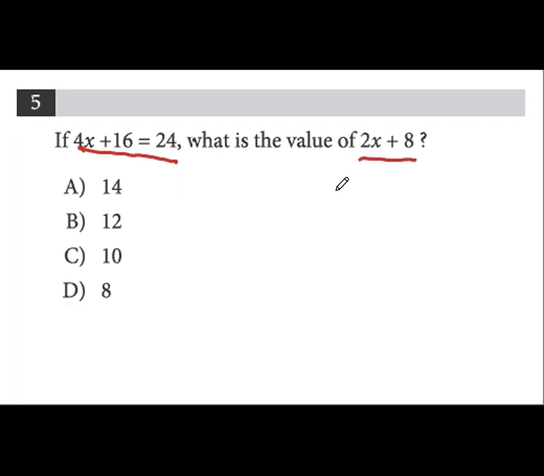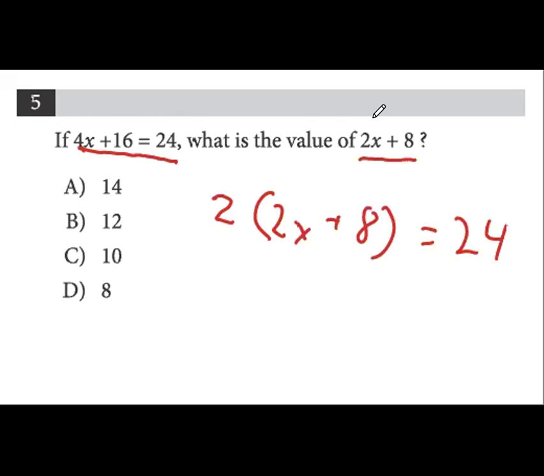Well, in this case, we don't even have to solve for x because 2x plus 8 is just half of 4x plus 16. So if you just simplify 4x plus 16, you can get 2 times 2x plus 8 equals 24.